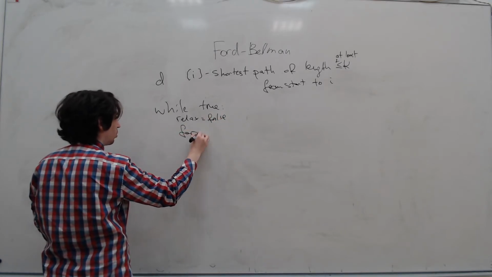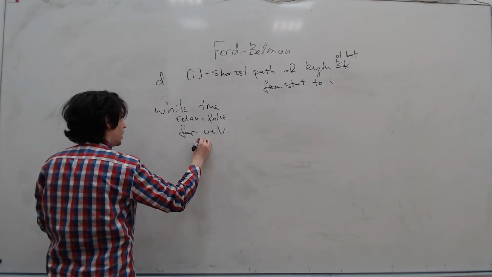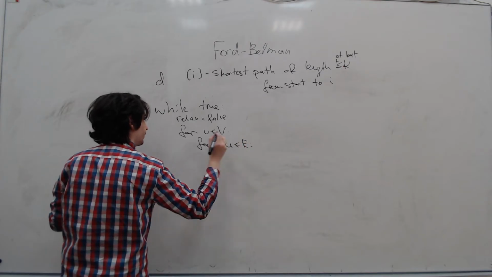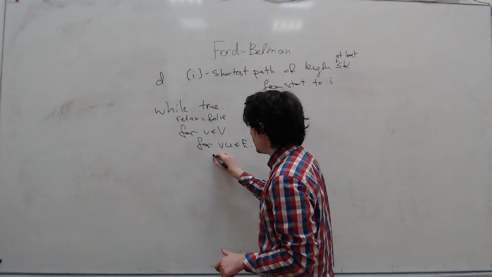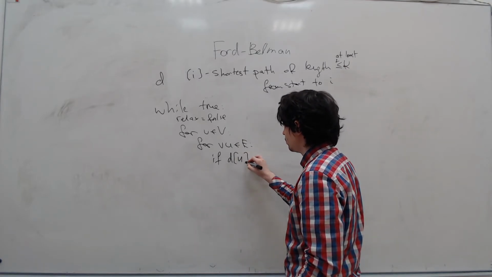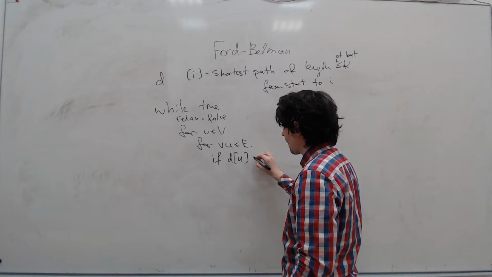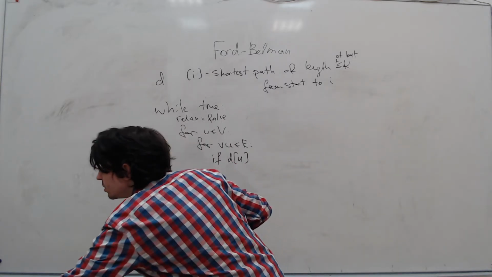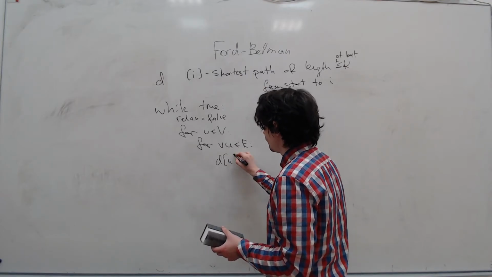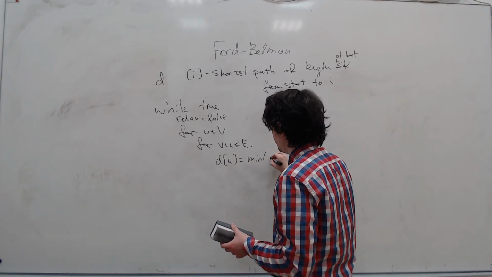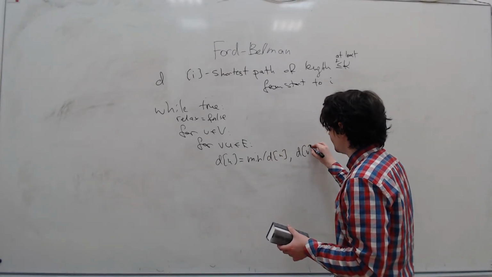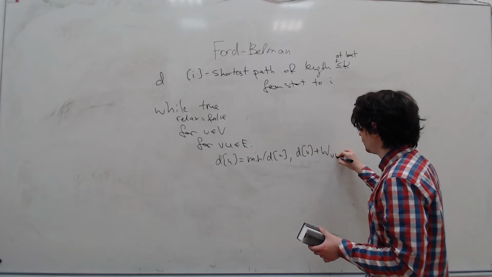Then for all v from V and for all edges vu, we relax: d of u equals min of d of u and d of v plus weight vu.